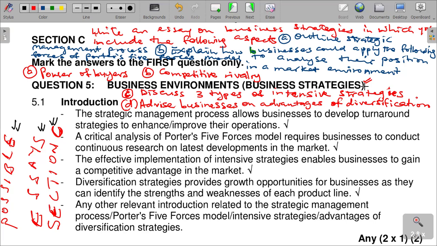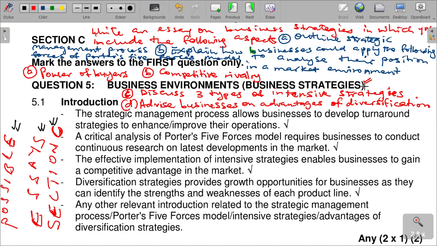Some businesses use intensive and diversification strategies to deal with challenges posed by the business environment. So the question is saying, write an essay on business strategies in which you include the following aspects.